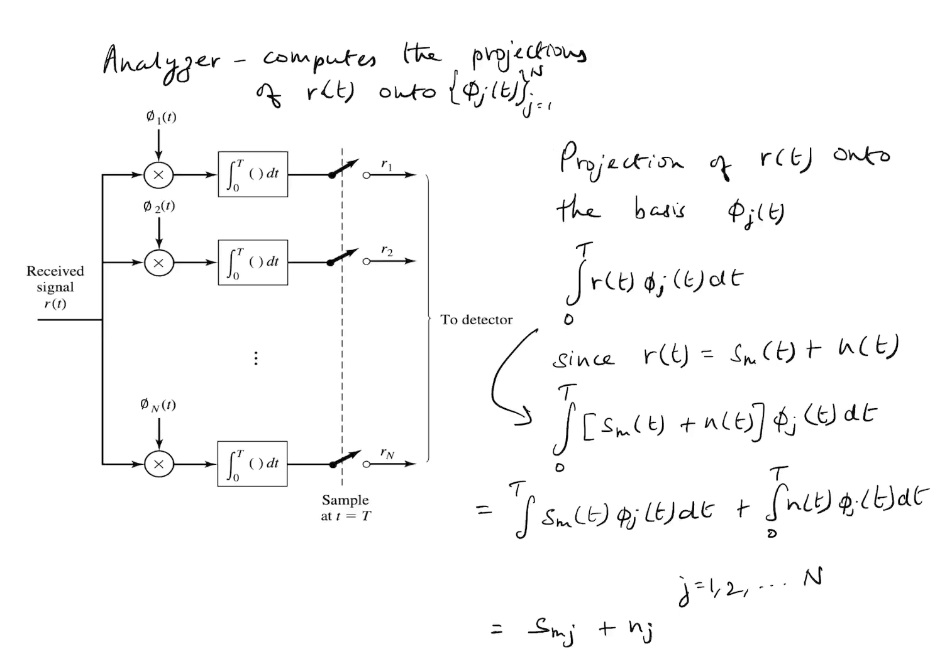That means the noise component which is included in these components R1, R2, Rn and so on is only that noise which lies within the signal space represented by the n orthonormal basis functions, which lies within the n-dimensional signal space. The noise which lies outside this is not reflected in these projections, in these components R1, R2, and so on.